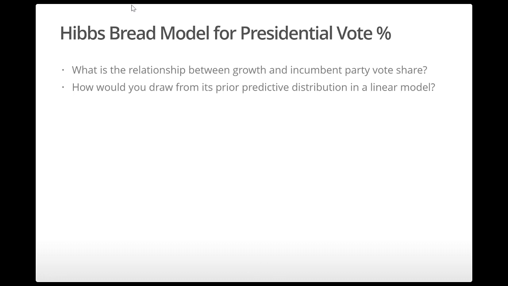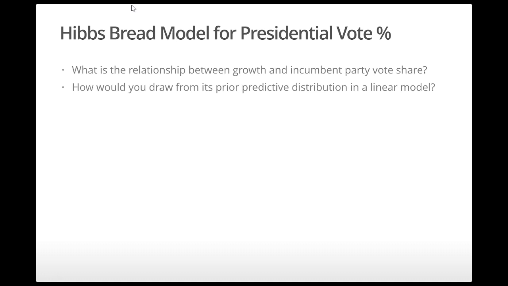So if, let's say, alpha, let's call it 52, and average growth is going to be around 2% for most of the late 1900s, expect 54, 55%. Okay, that might sound reasonable.